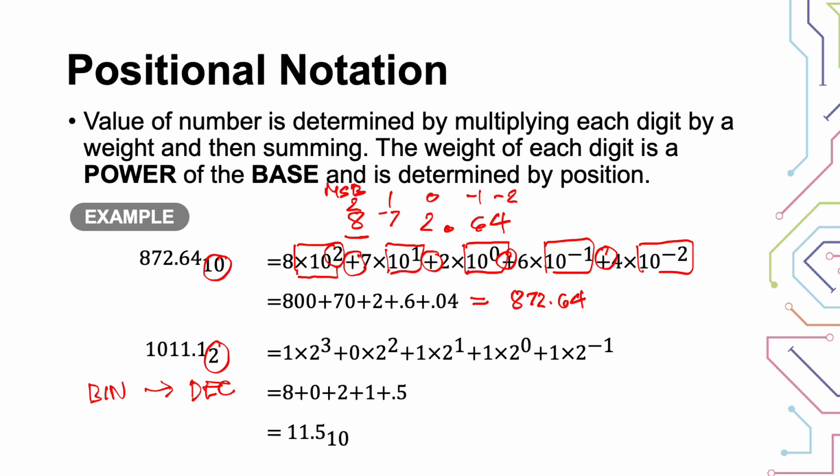So in this case, the positions are 3, 2, 1, then 0, and negative 1. There is also a digit 0. If it is 0, it does not contribute, but we still put it here just to show that we always consider them, though their weight is equivalent to 0. So we come up with 11.5 in base 10, which originally comes from 1011.1 in the binary number system.